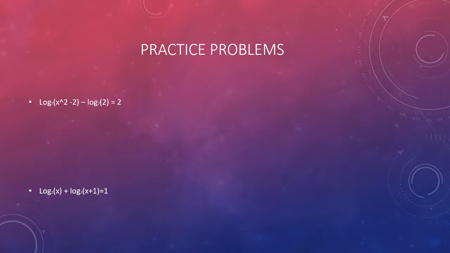Here are a couple of practice problems. Just pause the video. I'm going to go ahead and show how to do them. So first things first, you would just condense it, log base 7, and then it would be 2x squared.